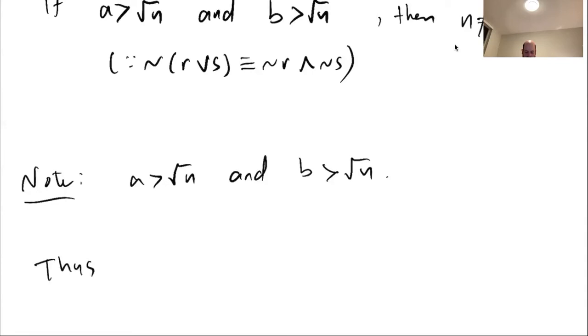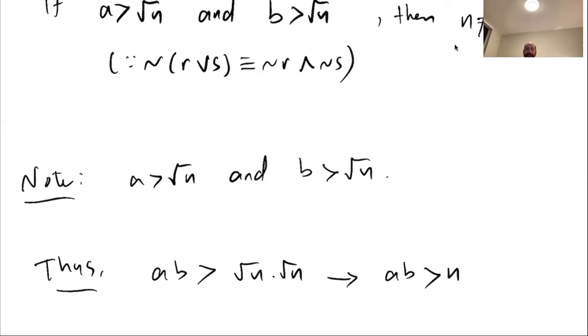Thus, if I multiply these two together, a times b is bigger than root n times root n, and that means ab is bigger than n. Root n times root n is n. So see, if you have two inequalities and everything is positive, you can multiply both sides. If you have two inequalities and of course same direction, right? a is bigger than root n, b is bigger than root n, and everything is positive.